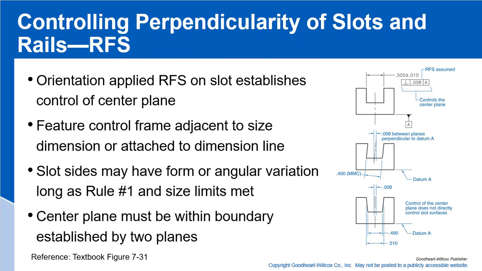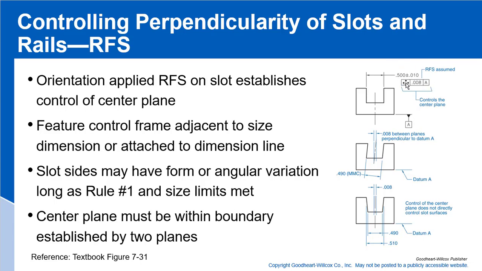So let's talk about controlling perpendicularity of slots and rails, RFS. This is a little bit tricky too because we're talking RFS. Things are a lot more difficult at RFS. The orientation applied RFS at a slot establishes control of a center plane. Here's how it would show up on a drawing. We have a datum A here. We have a slot feature of size dimension.